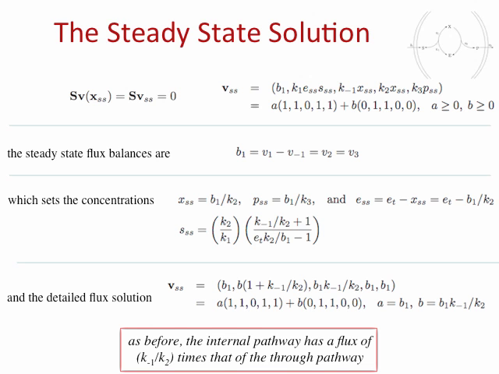And then we can substitute these values for the steady state concentrations into the steady state flux vector given on the top, and then rearrange it and discover that the coefficient A is equal to the boundary flux. The coefficient B is the boundary flux times K minus 1 over K2. Basically, the same structure of the steady state solution as we had in the previous example.